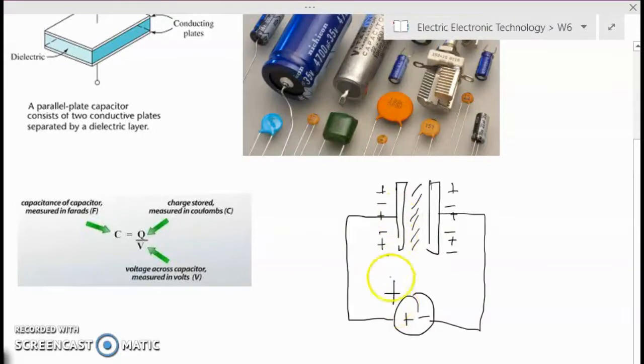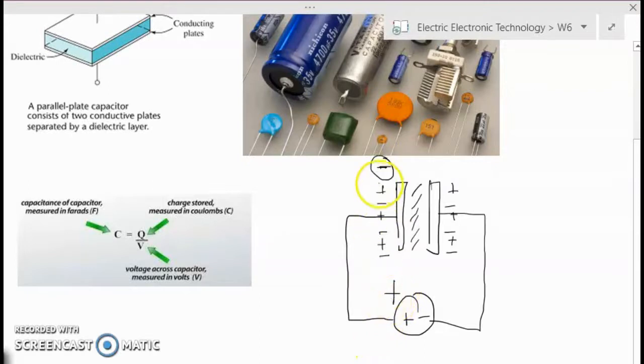If you have more energy here than the neutral plate, what will happen? The electrons will flow from the point of low energy to the point of high energy. So when we compare these two points, here we have what is effectively a negative terminal, and here we will have a positive terminal.